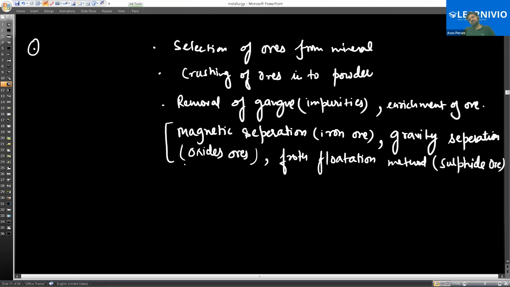The next one is the froth flotation method for sulfide ore. And leaching for bauxite, aluminum ore.